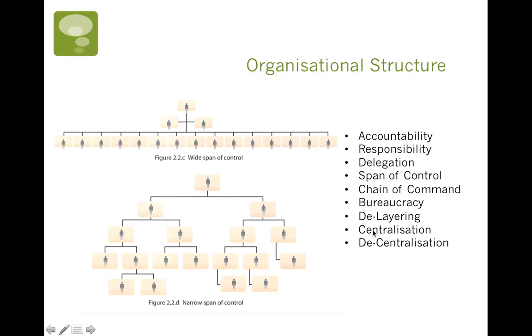Bureaucracy. This talks about the paperwork and the delays in decision making. Bureaucratic organisations tend to be the taller organisations where you've got more layers of management, and so potentially more controls, more paperwork, more decision making. Whereas in a flatter organisation, decisions might be quicker, but these individuals down here may feel that their voices are less heard because there's 15 or so of them here, and they're not all going to be able to communicate directly to their managers.